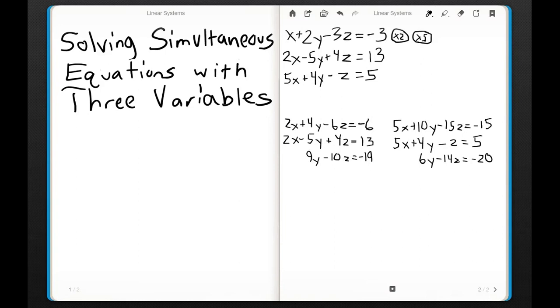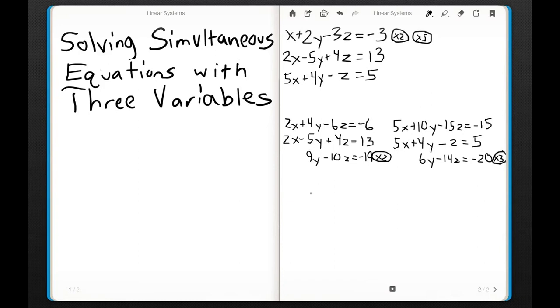So we now need to eliminate either y or z. So we can pick 14 and 10 or 6 and 9. 6 and 9 seems like easier numbers to find a lowest common multiple, and that will be 18. So in order to get 18y, this equation will be multiplied by 2, and this equation will be multiplied by 3.